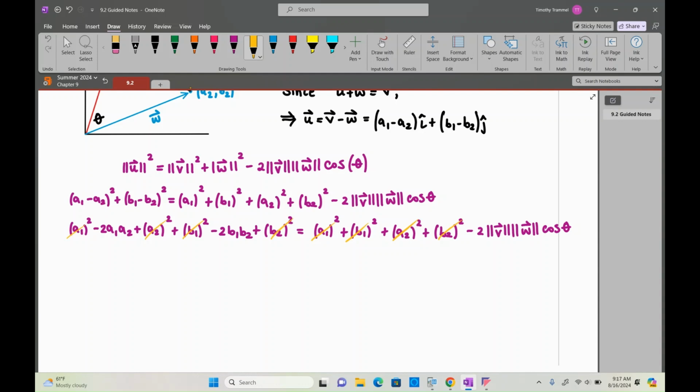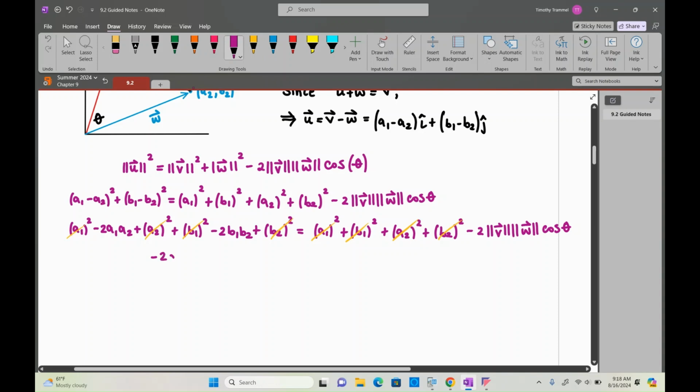So I could also divide each side by -2 here, but maybe I'll save that for the next step. Maybe we'll just write what we have here. So we have minus 2 a1 a2 minus 2 b1 b2 is equal to just this stuff right here. This is all that's left on the right.